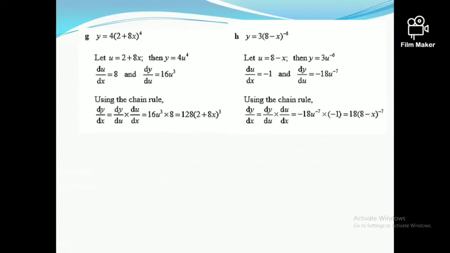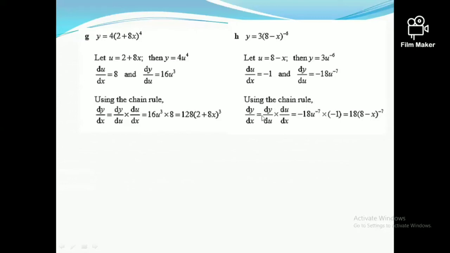Okay. If you come up with question number H, y equals 3 times (8 minus x) to the power minus 6. Initially, we have to assign this one as u. So you can write this is 3 u to the power minus 6. Then we can write du by dx over here. If you differentiate it, what do you get? Minus 1. Then if you differentiate this, what do you get? 3 into minus 6 is minus 18 u to the power minus 7.